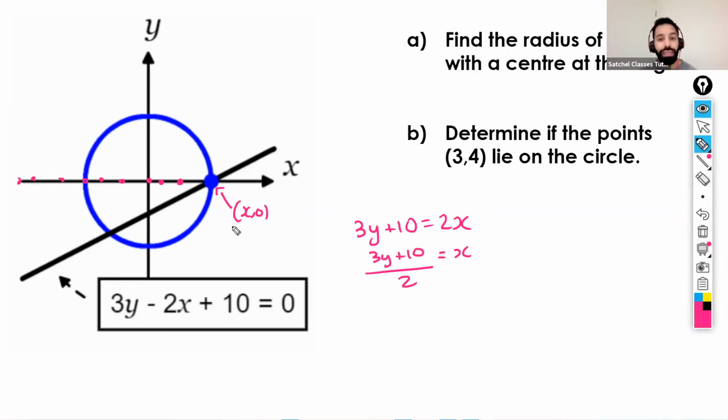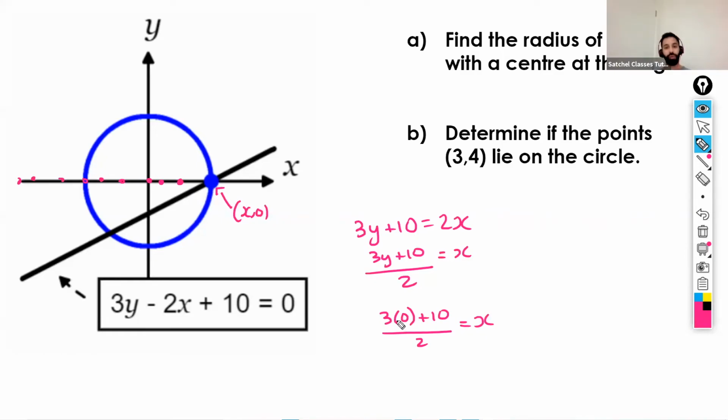So when y is equal to 0, what is x going to be? Given that x is my subject, I need to sub in the value of y, which at this coordinate is 0. So we'll get 3 times 0 plus 10 over 2 is equal to x.